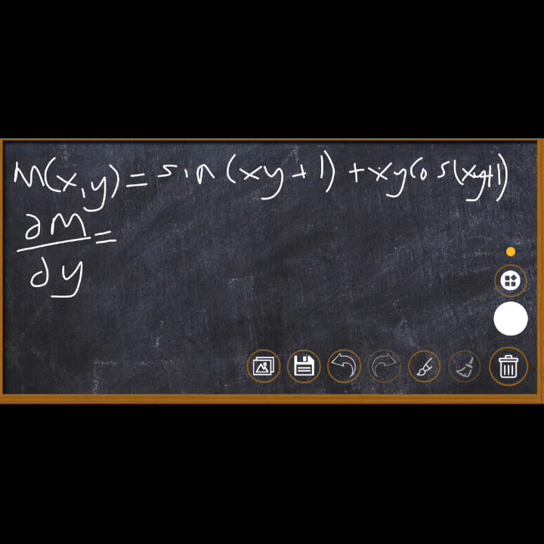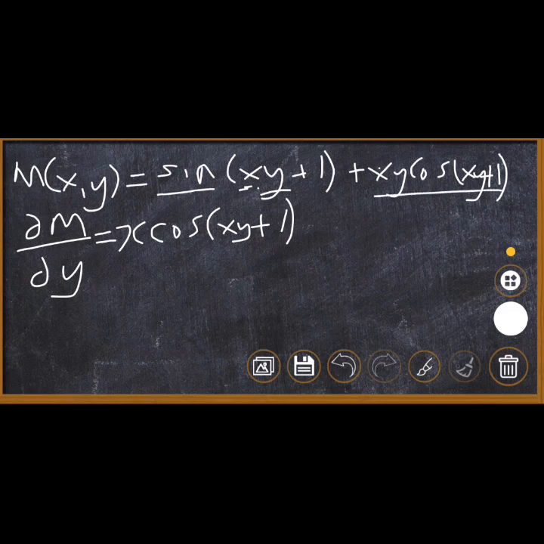When we differentiate sine, we are going to have cos, and when we differentiate y, we are only going to have x here. So this x will multiply throughout. So here we are going to have x, and this will change to cos. We write whatever is in the brackets here, according to the differentiation rule of the trigonometric functions. Then we come to this part.